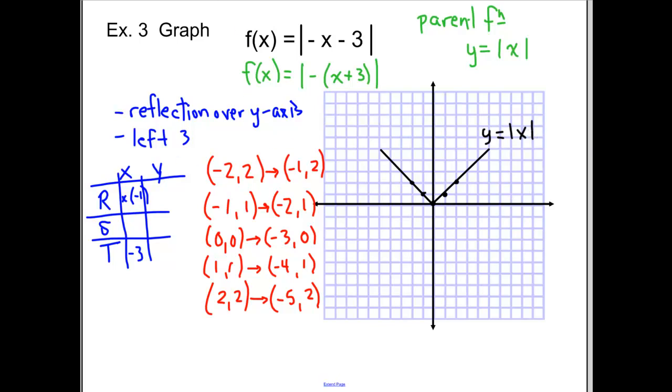And then my new points, so I'll do them in red here. So -1 and 2, -2 and 1, -3 and 0, -4 and 1, and -5 and 2. And I'll draw these lines on here.